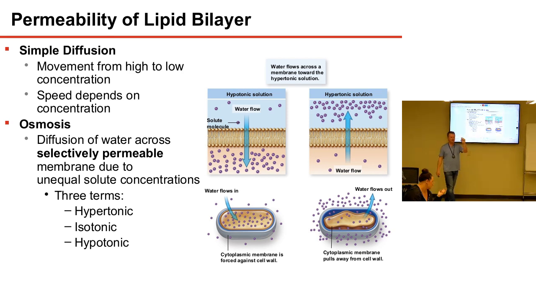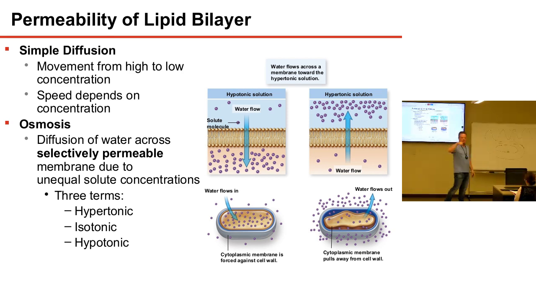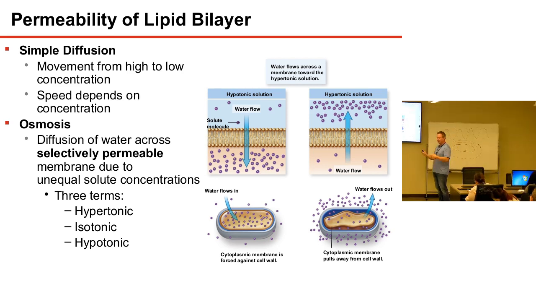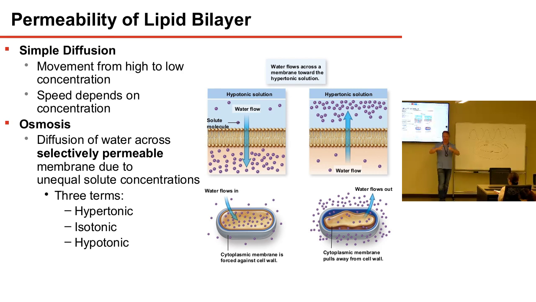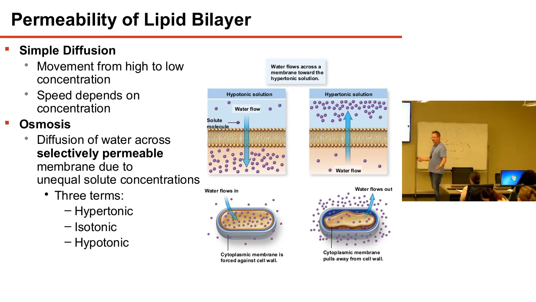It causes the cell to shrink. Isotonic means that water is moving in both directions the same, and so isotonic is usually what human cells like. They like to be isotonic. Hypotonic means more water's flowing in than flowing out, and so the cell starts to expand. Our blood cells, if they actually are hypotonic, they burst, and you can actually die from that.